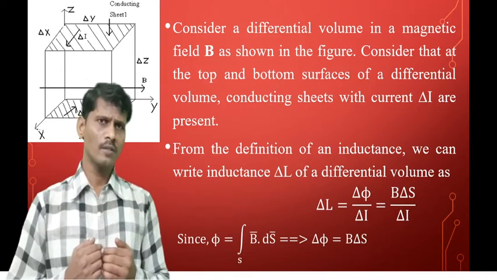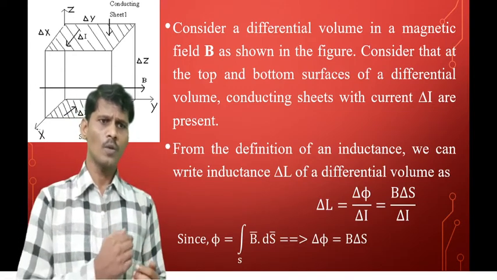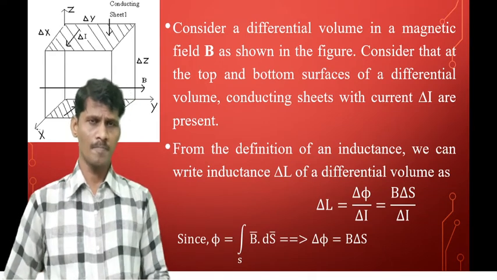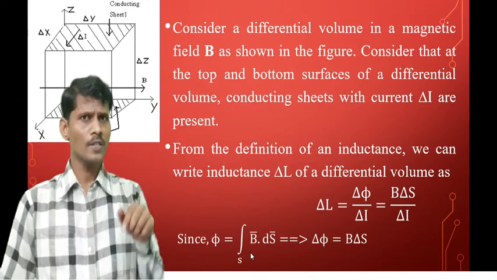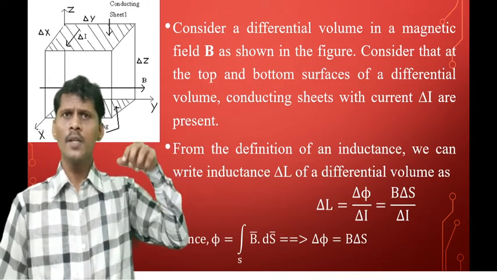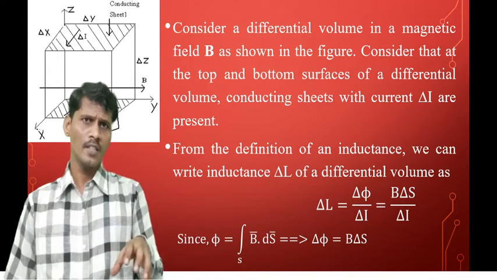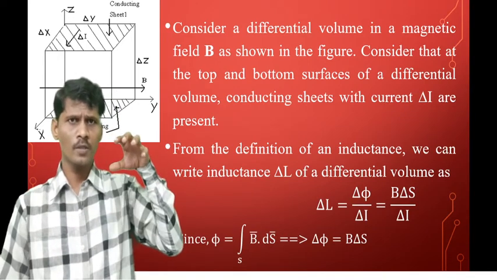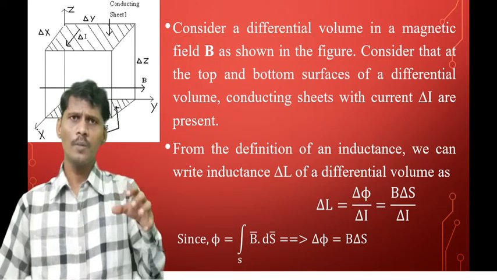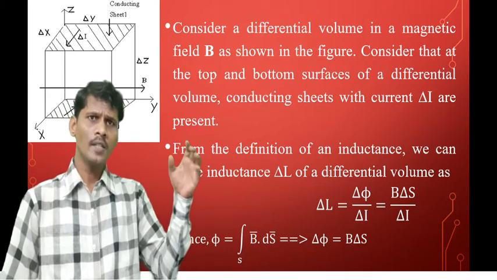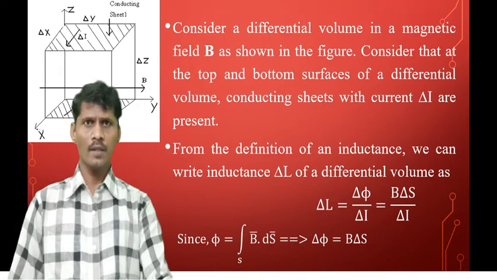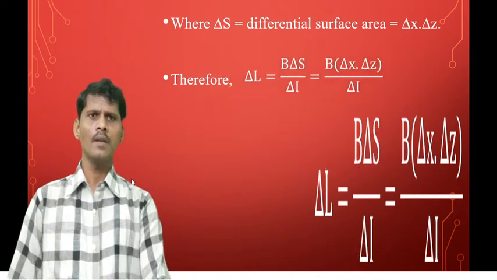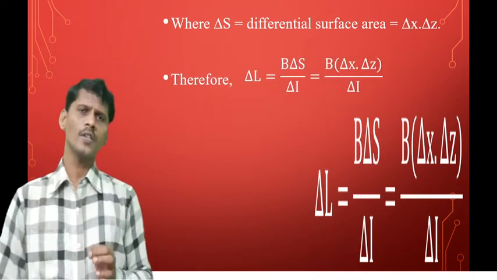Differentiating that equation, we get delta psi equal to B into delta S. The magnetic flux density is normal to the surface, and the differential surface area dS bar is also normal to the surface. We get the dot product of the same unit vectors as unity. We get the magnetic flux delta psi equal to B into delta S, where delta S is the differential surface area.